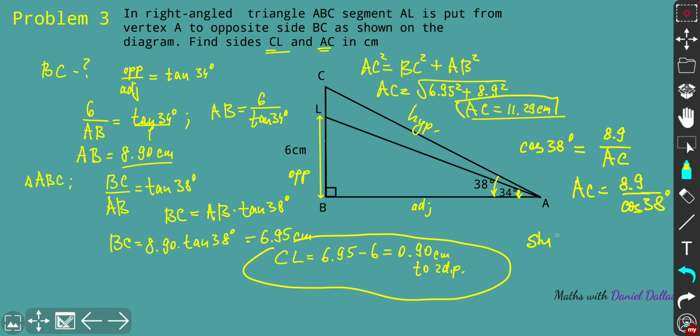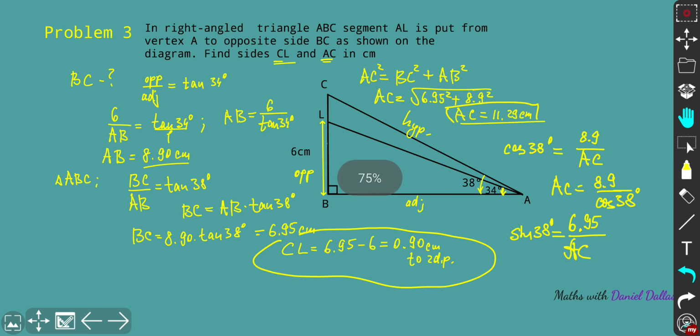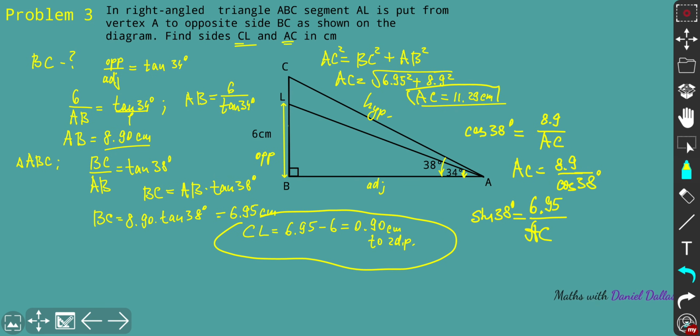Sine 38 is simply BC, which in our case is 6.95, over the unknown AC. And again, you can easily express AC through that. That's more about rearrangement, you know. So AC is 6.95 over sine 38. And that's how it can be done.